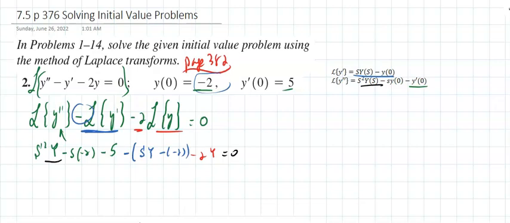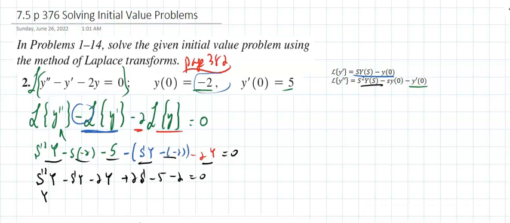So we put all the y's together. We're looking at s squared y minus sy minus 2y plus 2s minus 5. This is a positive times a negative, minus 2 equals 0.